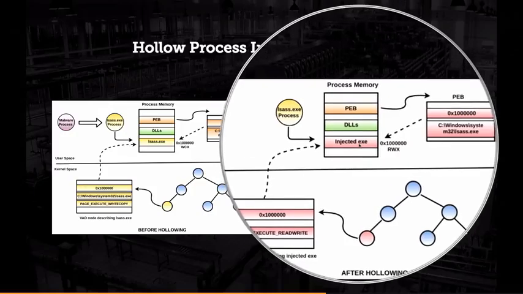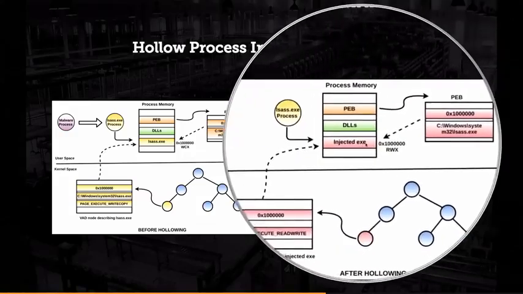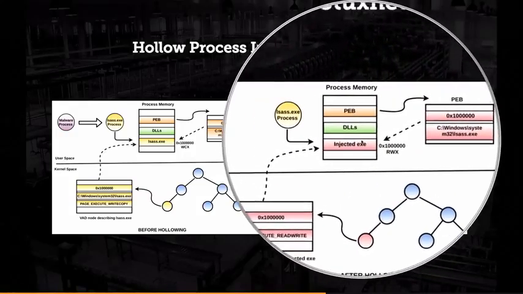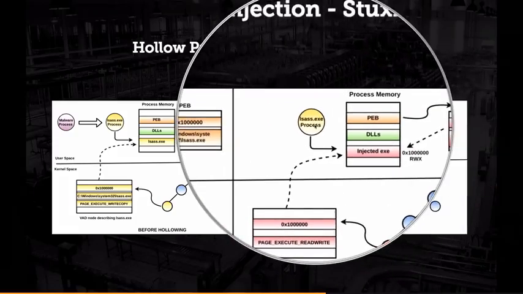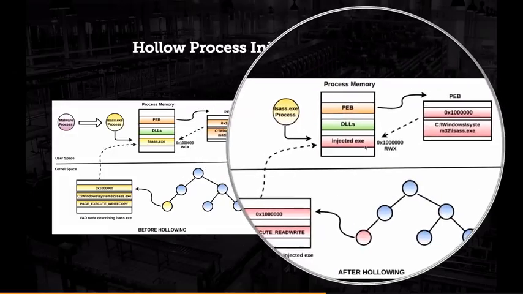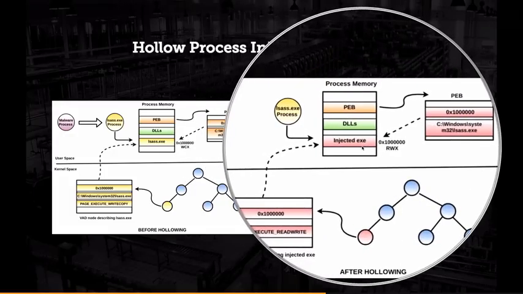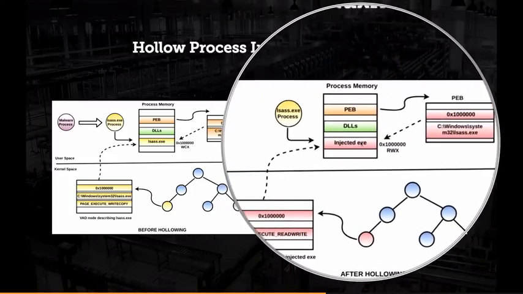As a result, the PEB still thinks that lsass.exe is at this address, which is not lsass, it is a malicious executable that is injected. But if you look at the path of lsass.exe, it will still point to the legitimate path. So only in the memory of this lsass.exe process, there is this injected executable.